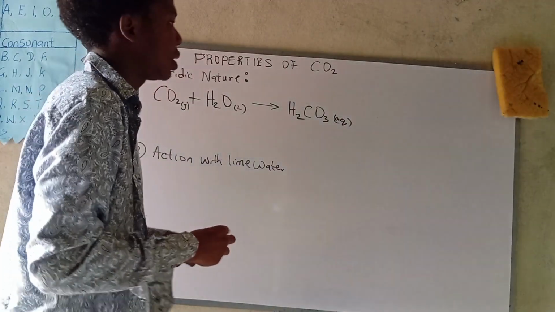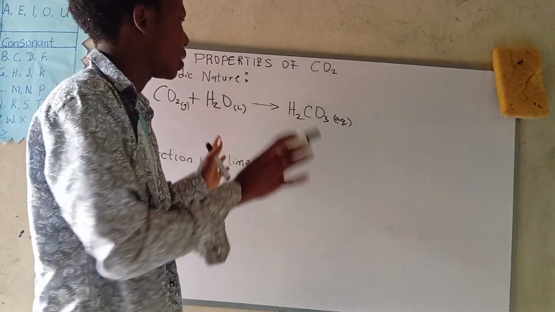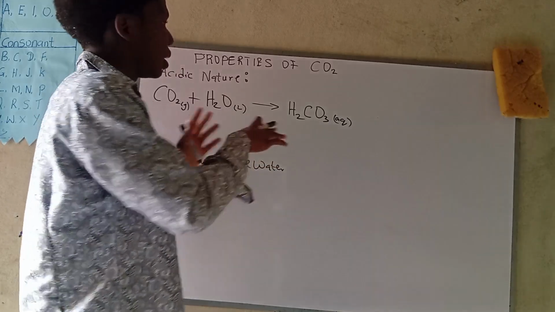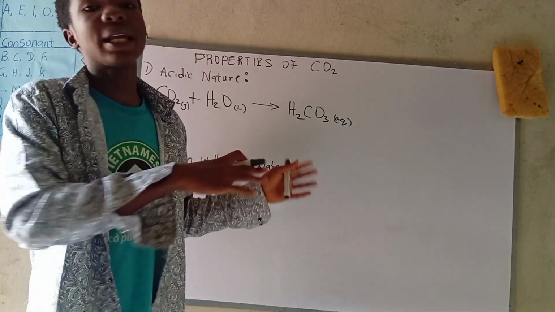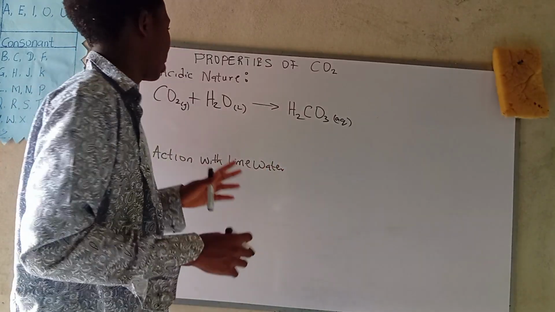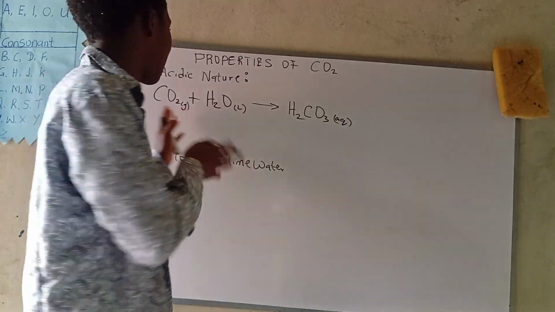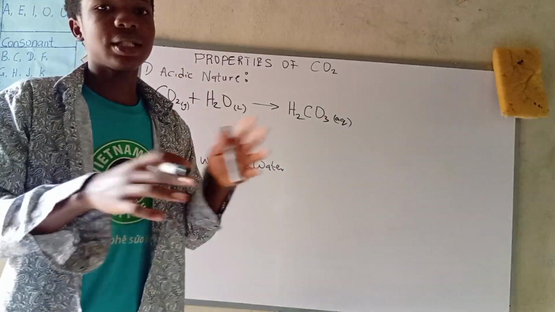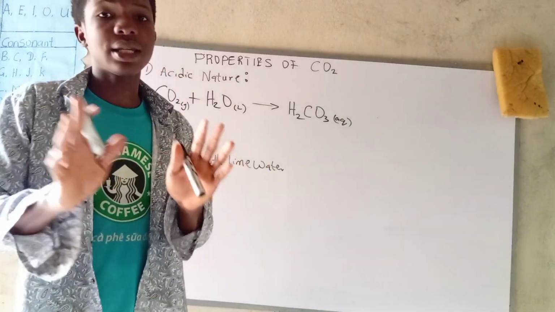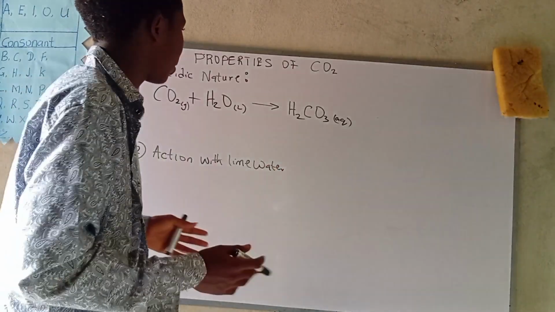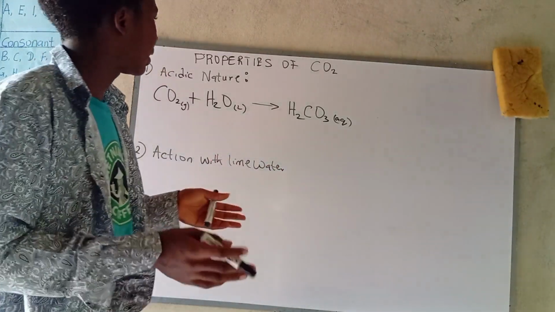Aqueous. It's an aqueous state, which means it is like a solution. It's not a liquid, neither is it a gas. So it's like a solution. You get? So now moving forward, what next?